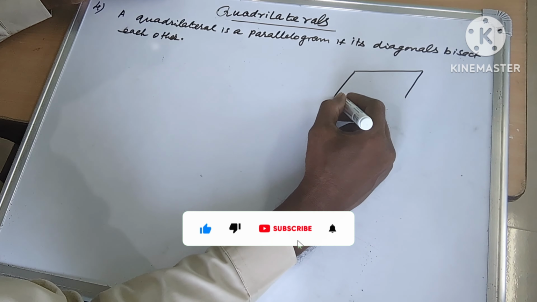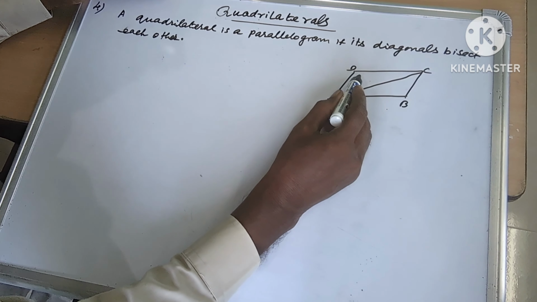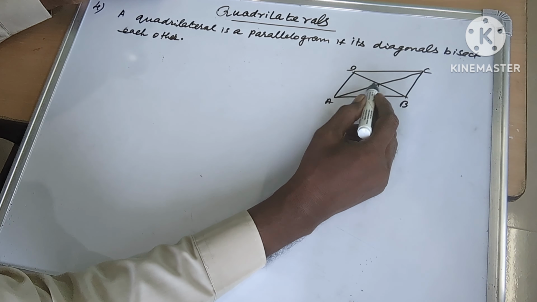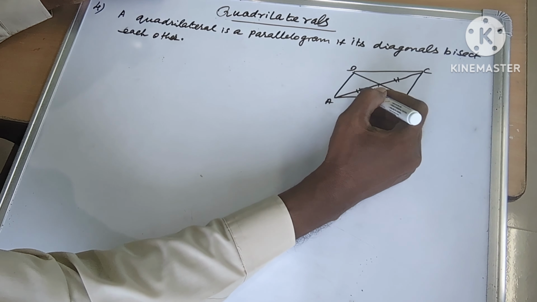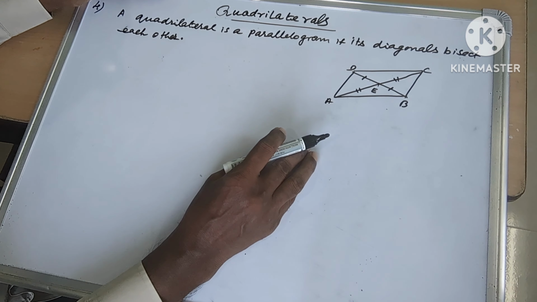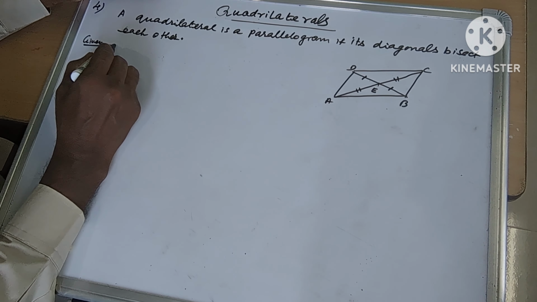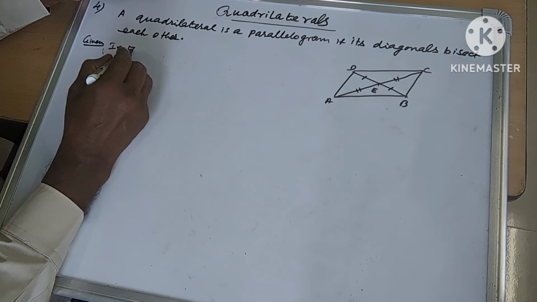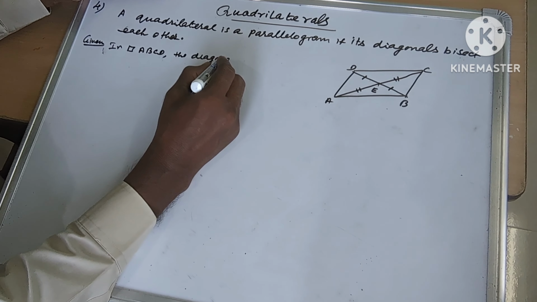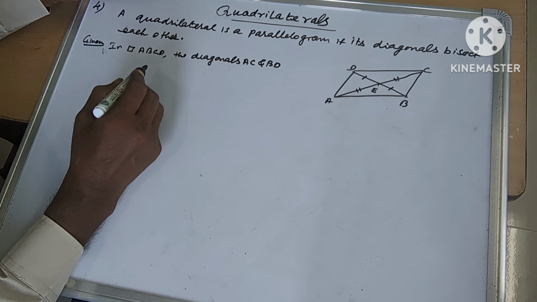This is quadrilateral ABCD. The diagonals AC and BD bisect each other. That is, E is the midpoint of both the diagonals. These two are equal, AE and EC, and in the same way DE and EB. Now we have to prove this quadrilateral is a parallelogram. What is given: in quadrilateral ABCD, the diagonals AC and BD bisect each other.